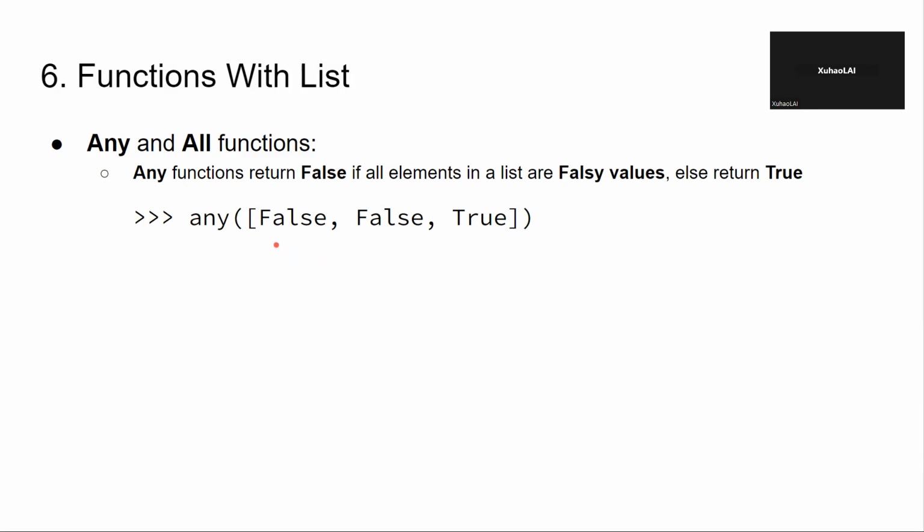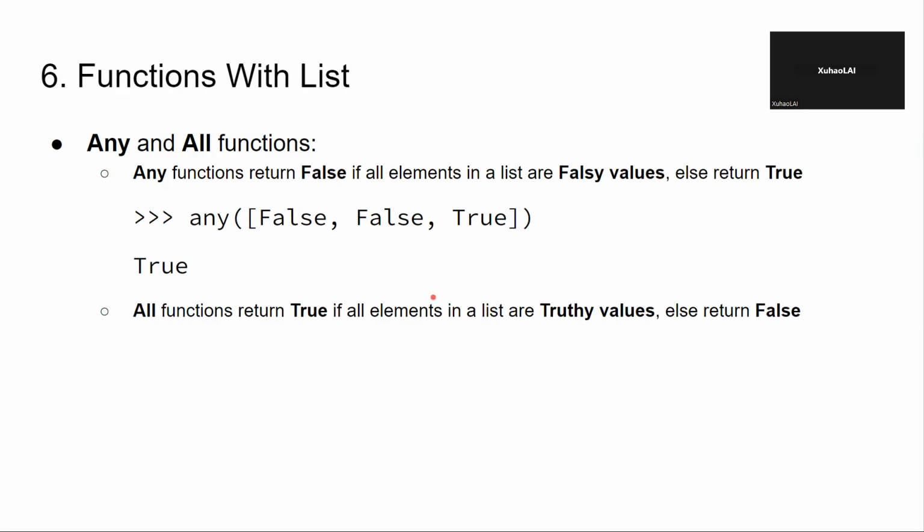Any only returns true when there's something inside that is true. Otherwise, you return false. So for any of false, false, true, I will return true. Or if you do any of false, false, false, it will only return false. So any means that I want to find something that is true.